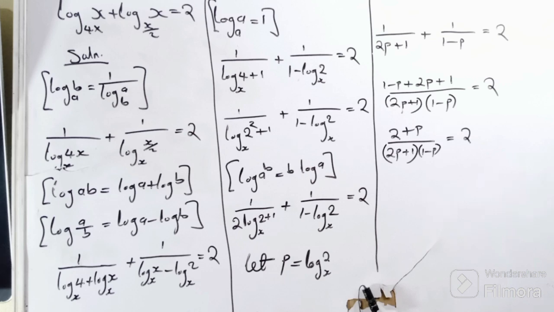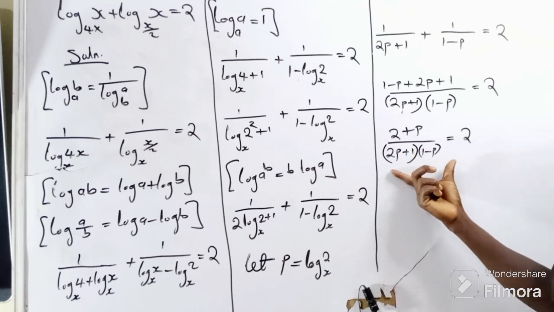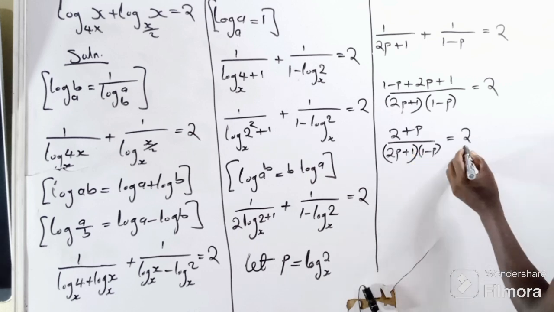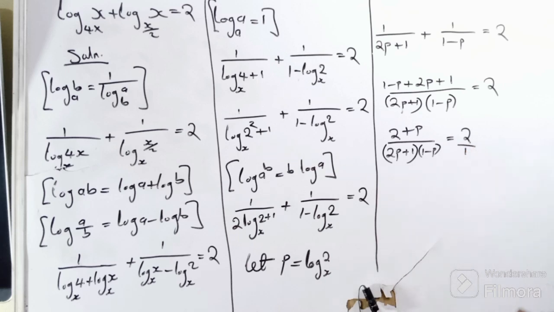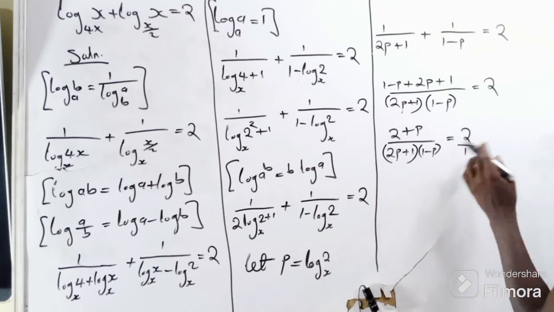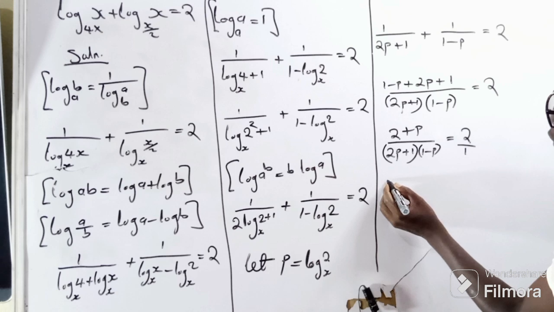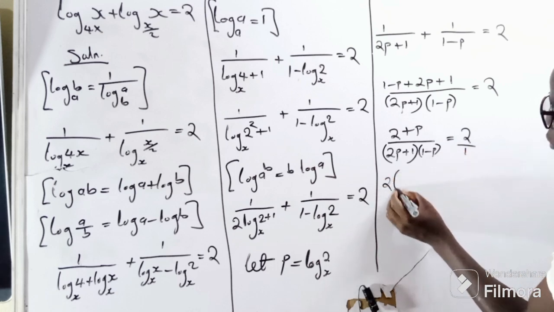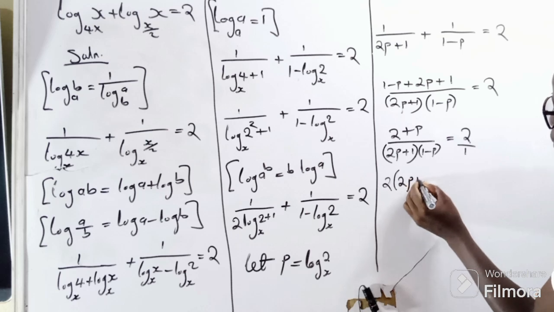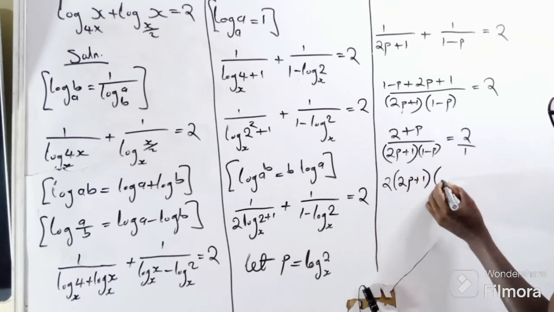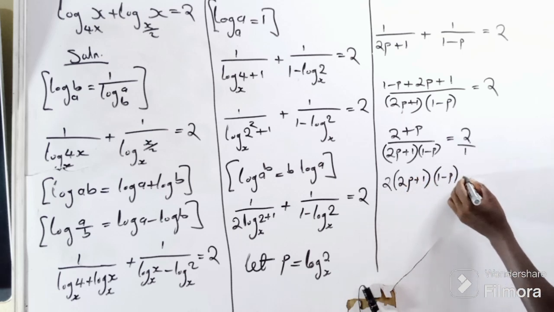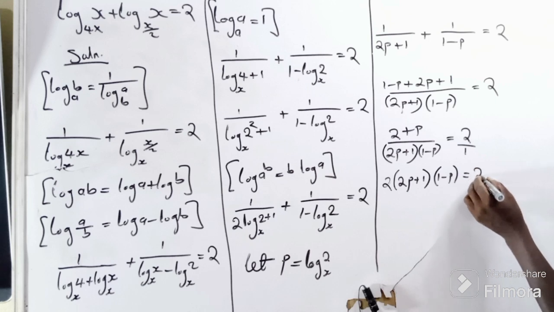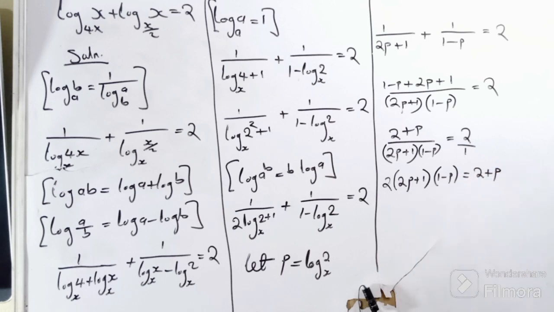is equal to 2. That is that. So at this point, we need to cross multiply because we know that this is divided by 1. So in cross multiplying, I'm going to have 2 into 2p plus 1 into 1 minus p is equal to 2 plus p.